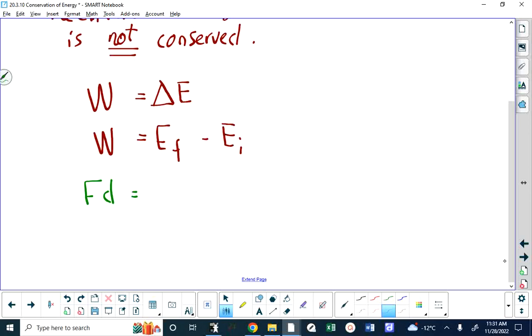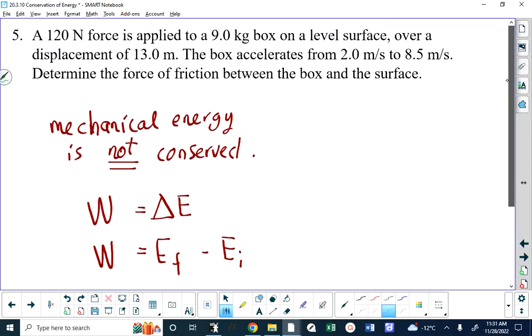What does the box do in this example? The box is sliding along, accelerating from 2 meters per second to 8.5 meters per second. It's on a level surface, so there's no change in gravitational potential energy. That would be more complicated, doing this up a ramp. But there's no potential energy.